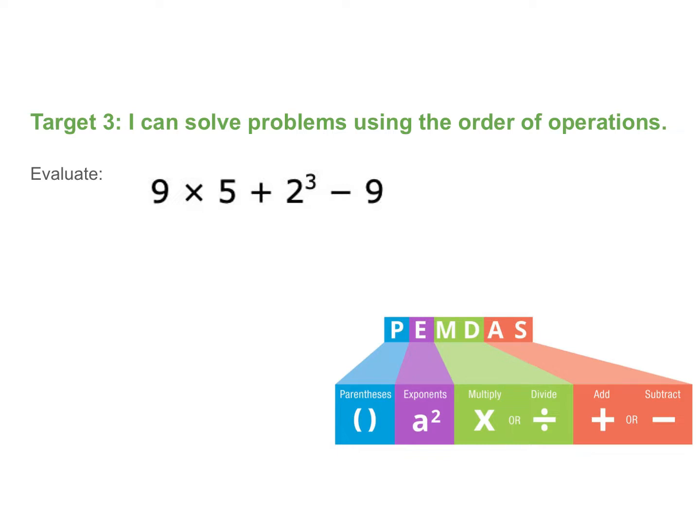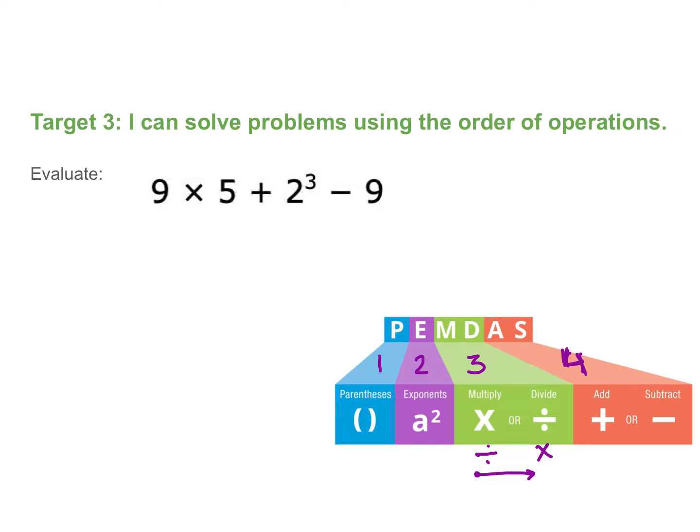So first, I'm going to write out that parentheses is step 1, exponents is step 2, multiplication and division is step 3. However, it could be divide first, then multiply. We decide based on what comes first, going left to right. And same with step 4, that should say 4.